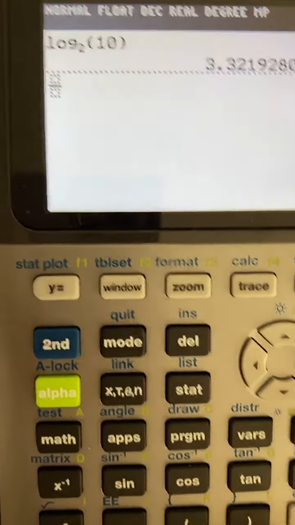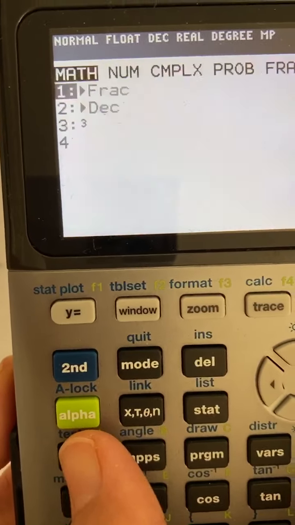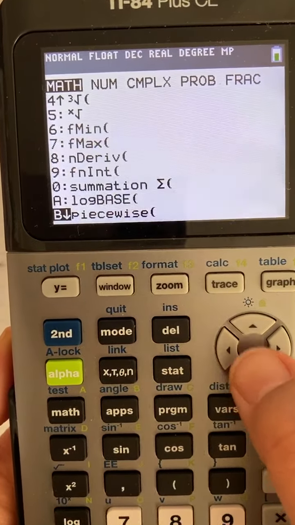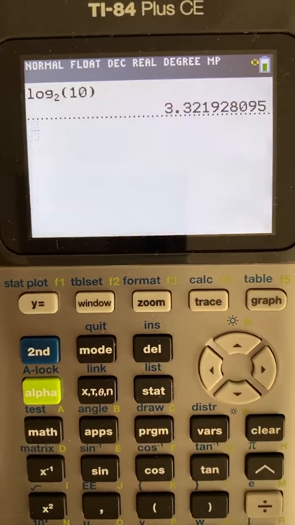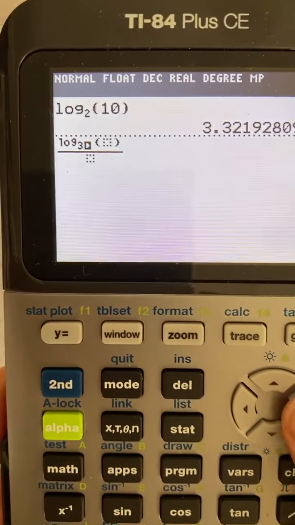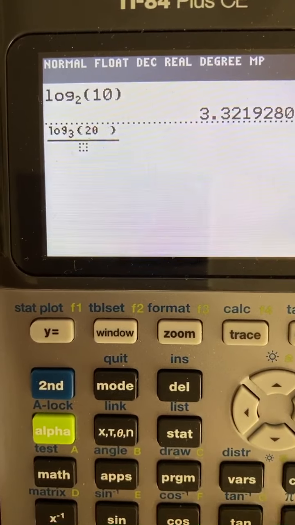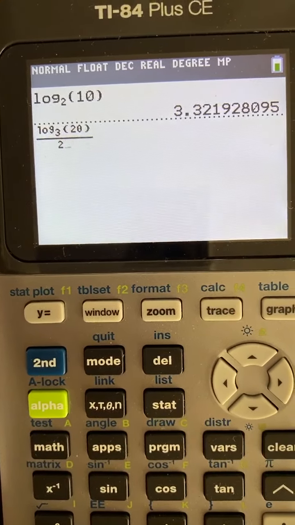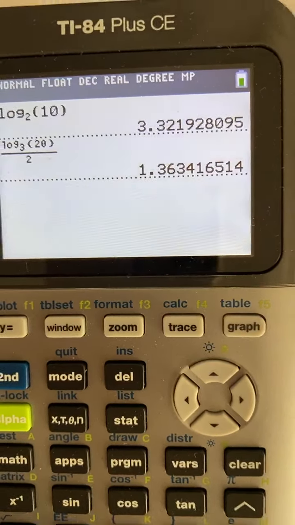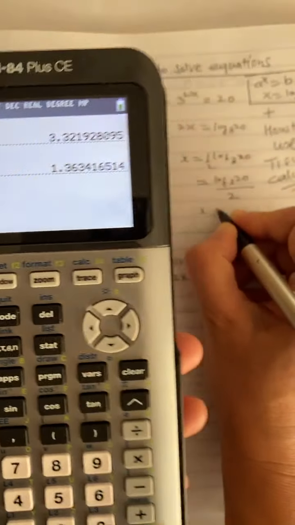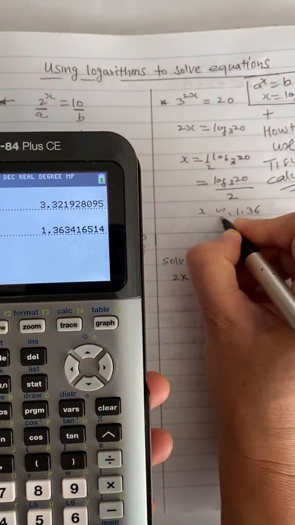So I'm going to go to math, and then I will go to log base, and now we enter the base, which is 3, and then we have 20, and then divide by 2, and equal to, so 1.36. So x, when rounded to 3 significant figures, is 1.36.